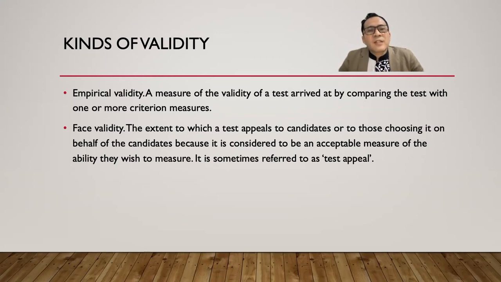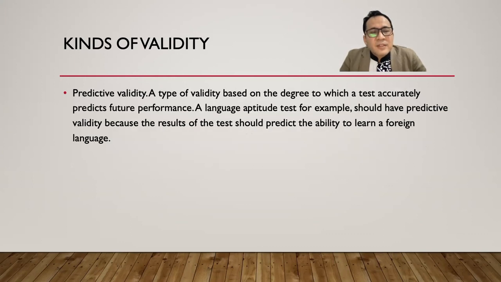Face validity is about whether a test is appealing, as you look at the face of the test. The test is an acceptable measurement for some people, for example. So the extent to which a test appeals to the candidate, or to those choosing it on behalf of the candidate. So it is an acceptable measurement of the ability.